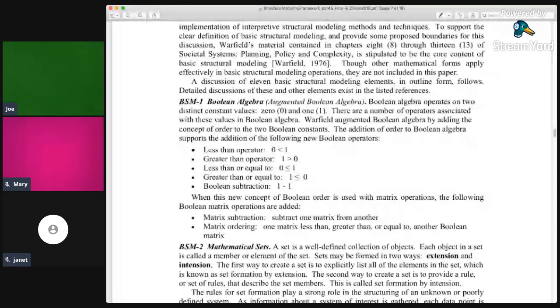And using the idea of a singleton in fuzzy logic, then you can translate back and forth between the Boolean singleton values and a continuous range on a scale once you have these operators that allow you to actually do that.